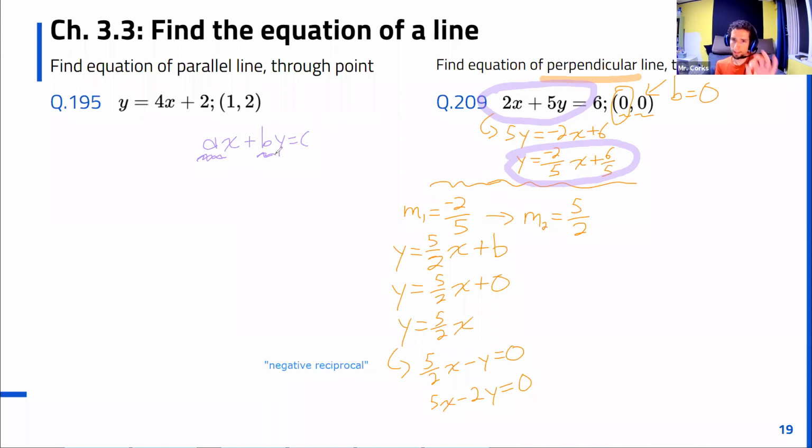If I look at standard form, how can I immediately see the slope without moving things around? Well, the slope should be the coefficient of x. Just that is a? A over b. Okay, a over b.